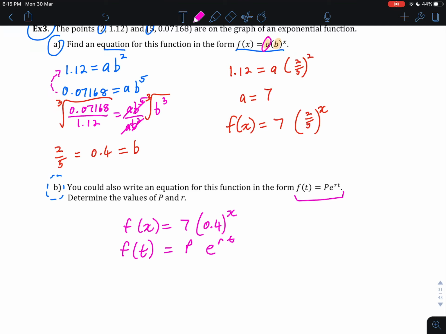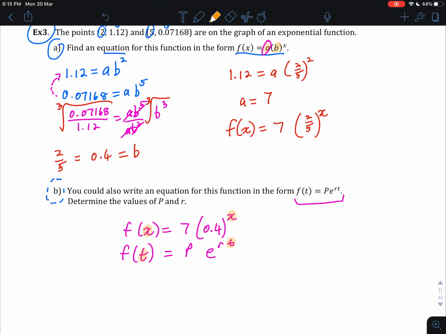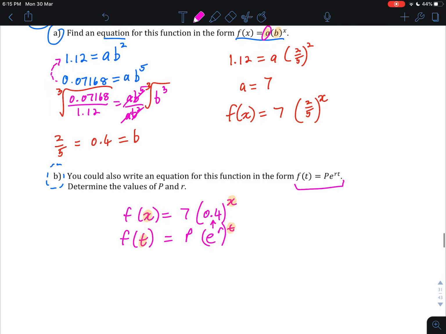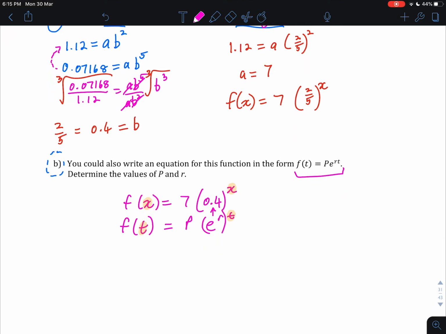And so the two things you need to see here are, first of all, that the x has essentially been replaced by the t, because f of x and f of t, and so essentially all we're really trying to do is equate e to the power of r to 0.4.